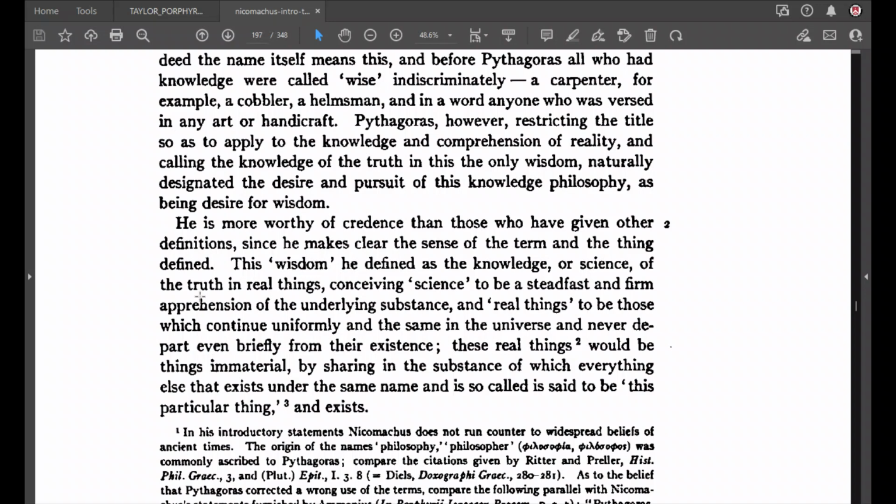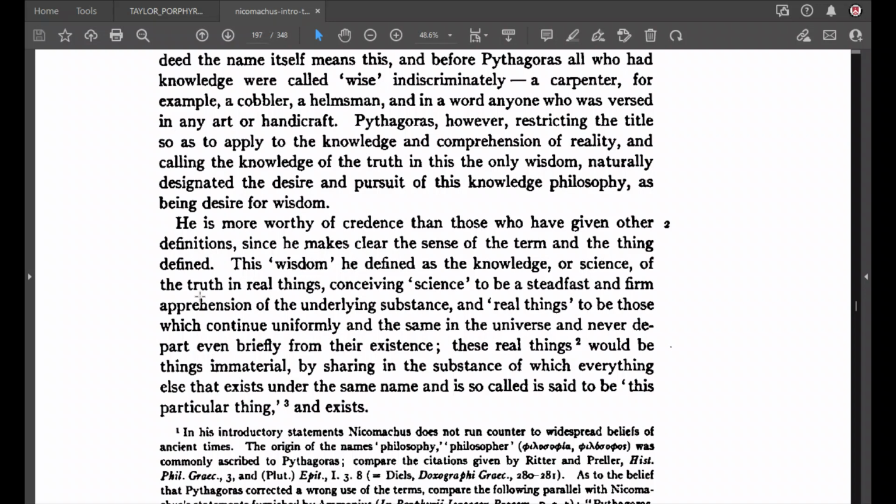Have you ever heard of that before? Underlying substance. It's what we talk about in the Eucharist. When the substance of the bread is changed into the substance of the body of Christ, the underlying substance of something is the real thing itself.